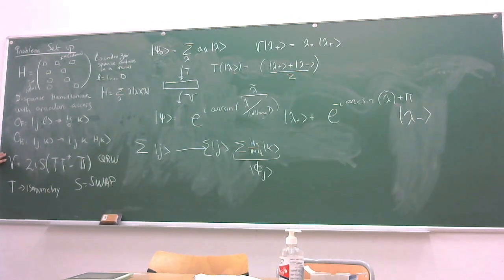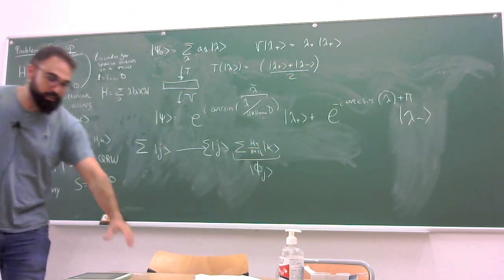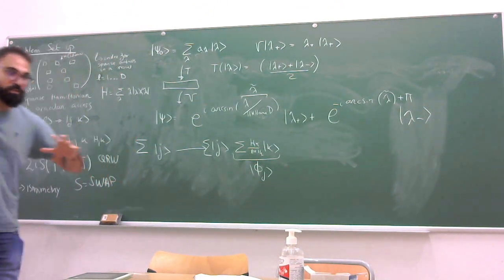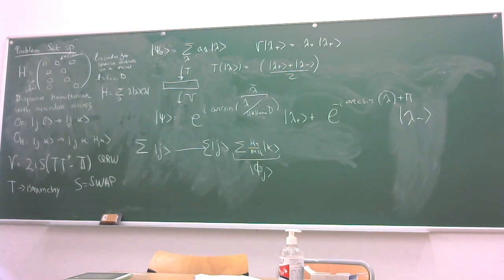This is like two operations. To understand what a quantum random walk is, in a quantum sense, you have to imagine that initially you have a certain distribution on the superposition of states, and you are going to evolve this through a unitary.